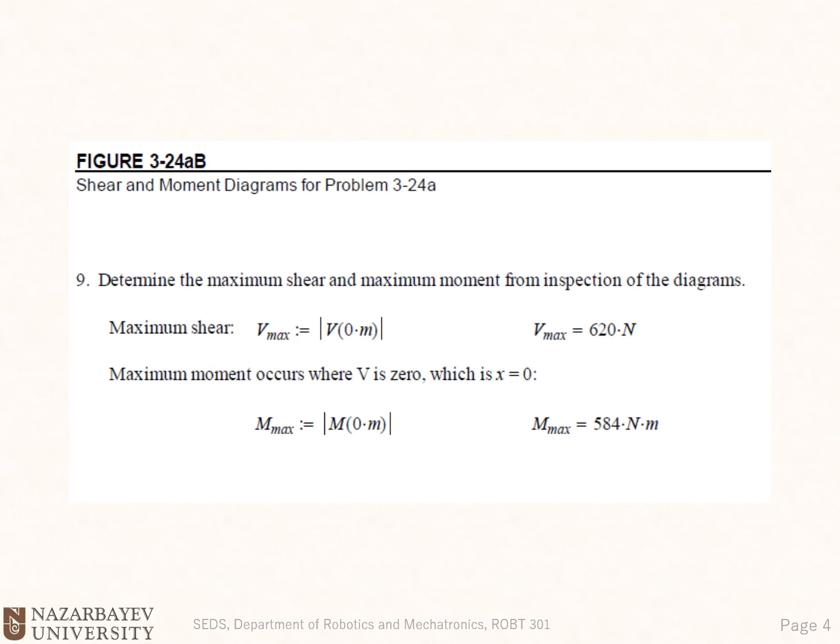Why do we care about the maximum shear and moment? Because later, when we want to find the critical point to do the analysis of stress and find the maximum stress on the beam, we need this cross section. So the critical cross section of the cantilever beam here is obviously the base. At the base, we have both the maximum shear and the moment.